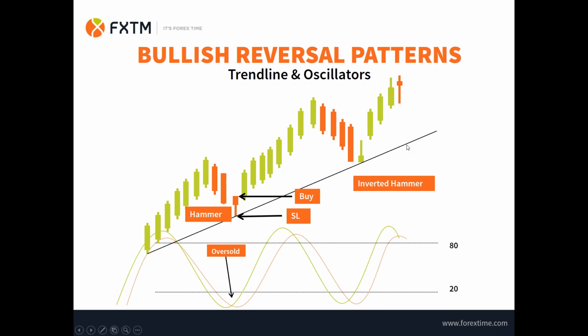And if the next candlestick breaks above this inverted hammer, then I feel, even myself, confident to place a buy order here. And of course, never forget that I want to protect my money, and I will place a protective stop loss at the low of this formation, of this inverted hammer.